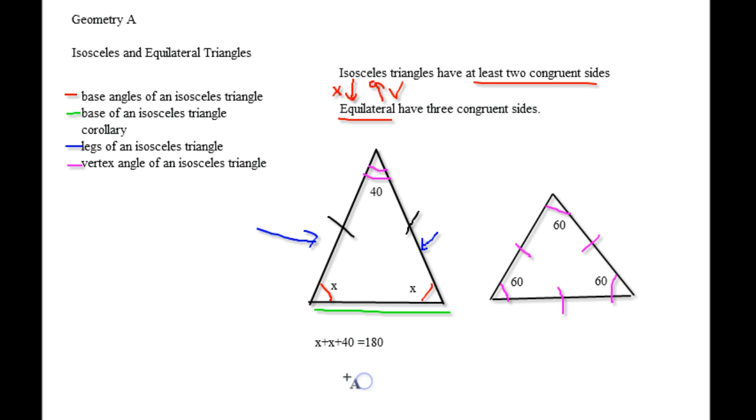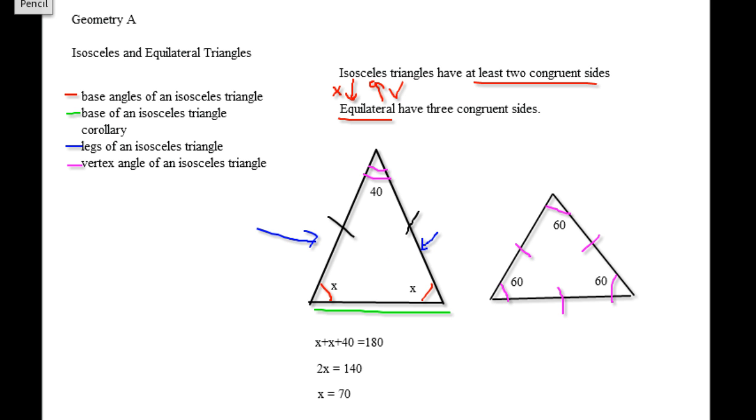I just set up that equation, and then I have 2x equals 140 because I subtracted 40 from both sides, and then x has to be 70. Okay, so if I just subtract that vertex angle up top from 180 and just divide it by 2, I should be able to come up with the base angles pretty easily. Okay, so that's pretty simple right there.